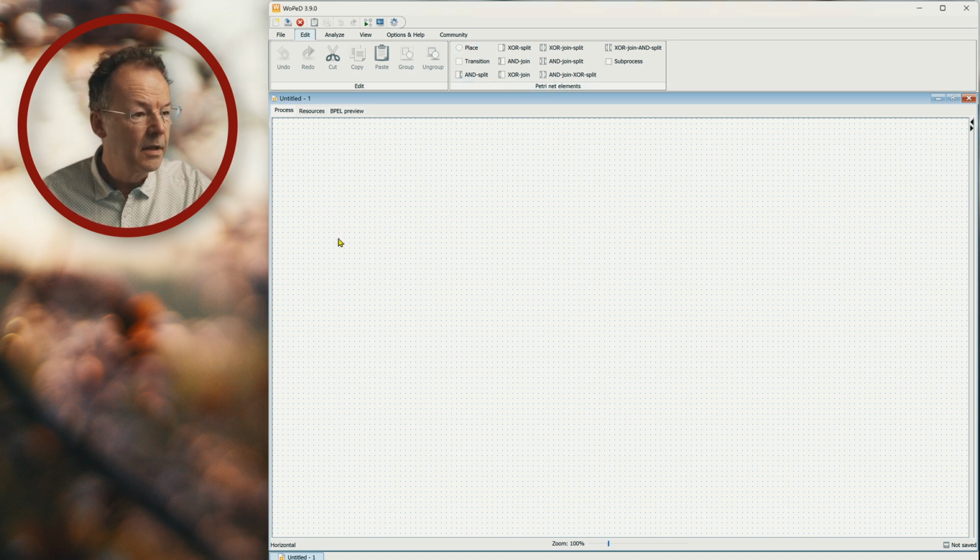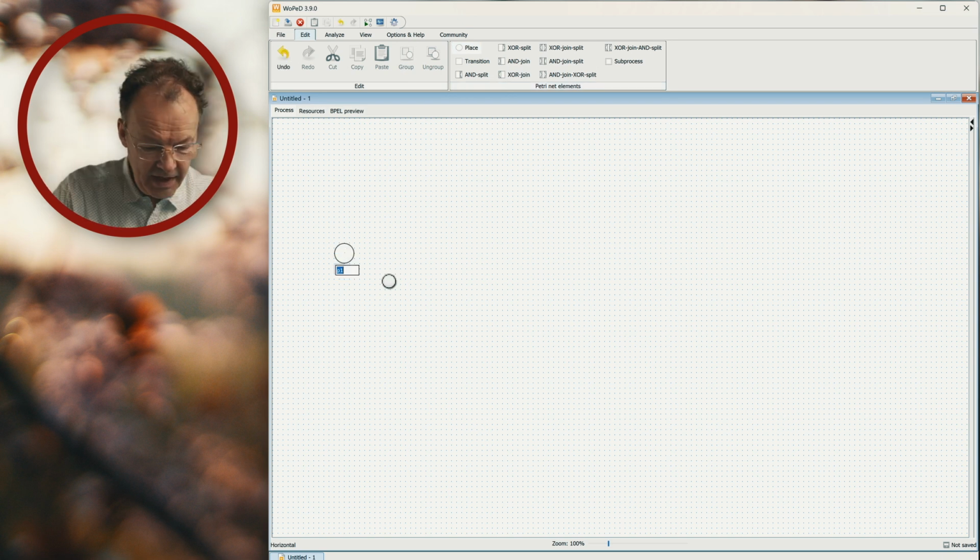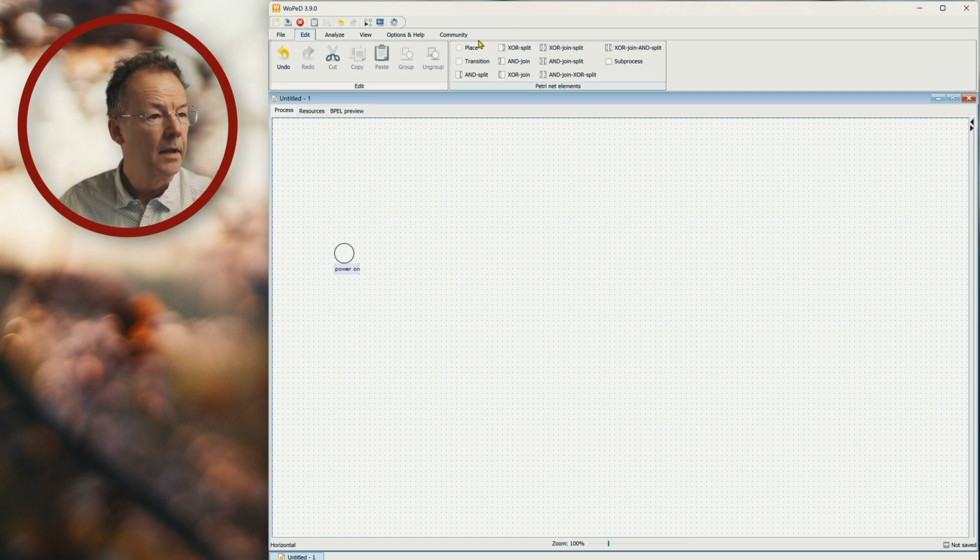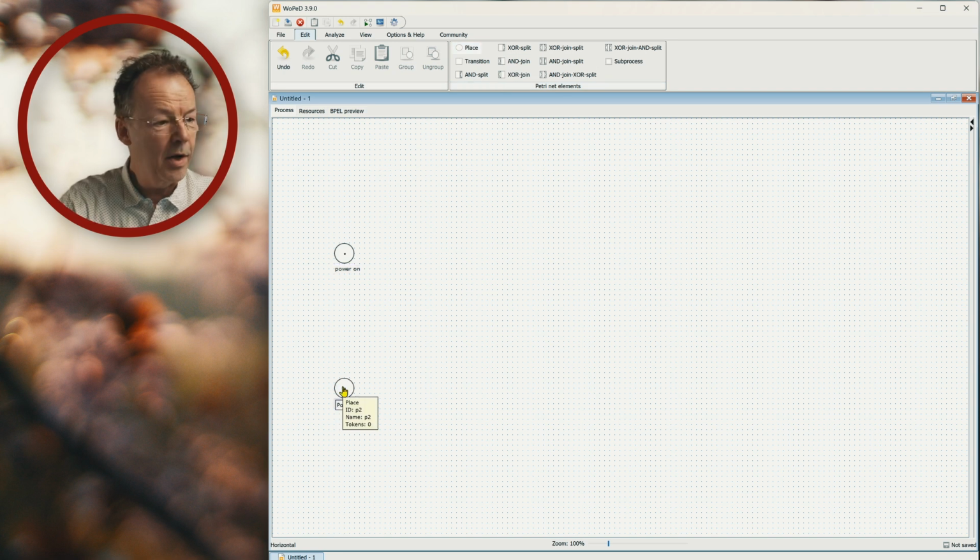We take a place for the state, we call it power on, and another place we call it power off. And then we need two transitions to switch from one state to the other state.